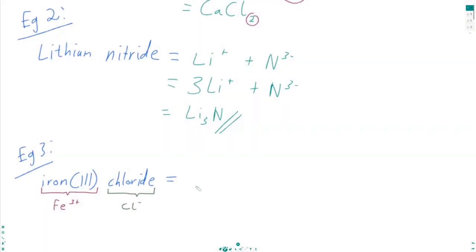So for iron chloride, we have Fe3+, and to balance out this 3 plus on the iron, we need 3 Cl-. So we're going to have 3 Cl- ions, and that will give us FeCl3. And there's your final answer.